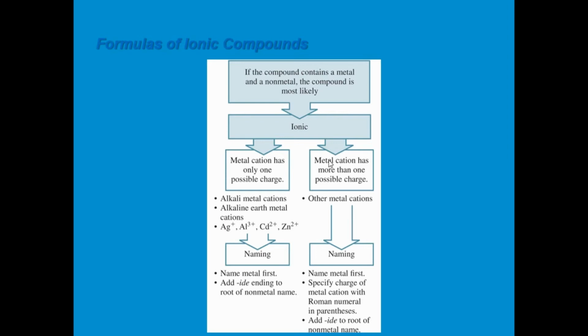If the metal cation has more than one charge, do the same thing, but you name the metal first, then you specify the charge with a Roman numeral, and add -ide. So iron(II) oxide: iron, and the II is 2, and then you add the oxygen in.